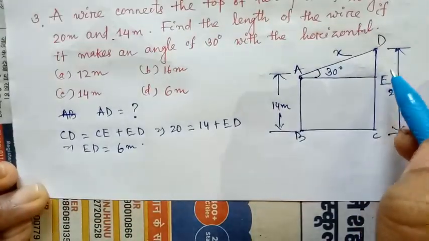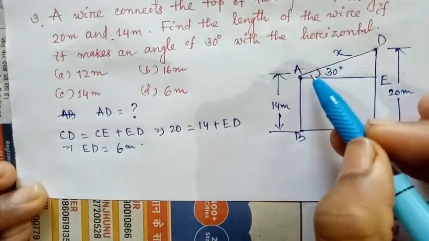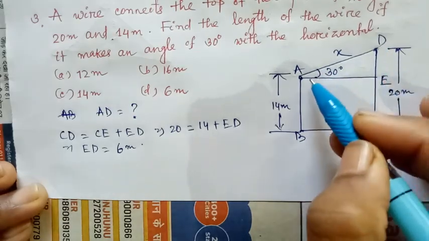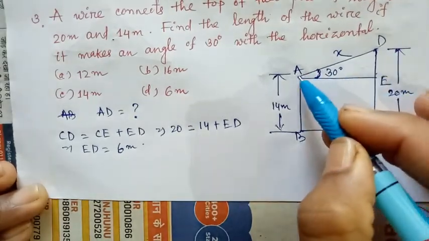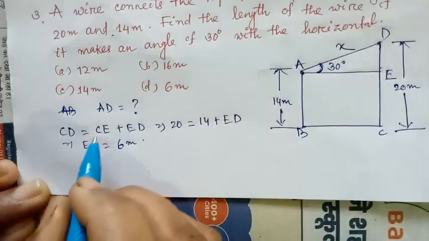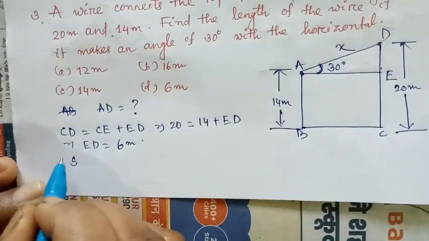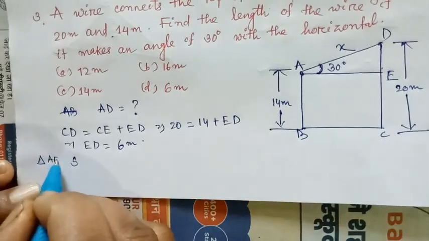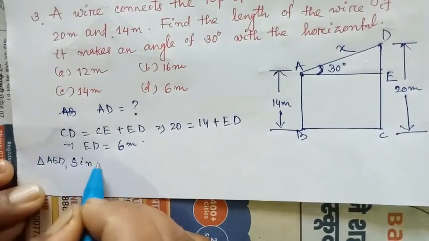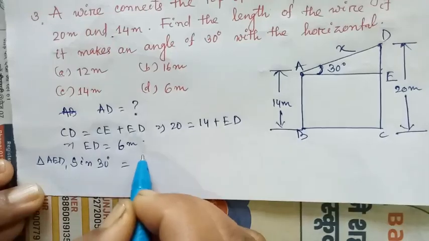ED we calculate as 6 meter. We have to find out AD, x. This is 30 degree theta angle, so this is the opposite side. We have to find this hypotenuse. So apply sin 30. In triangle AED, sine of 30 is how much?